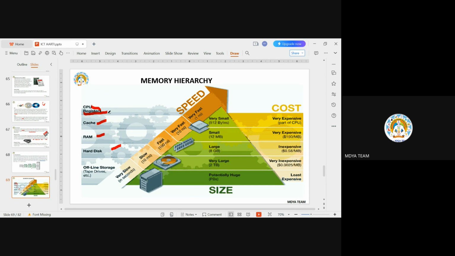For example, I am presenting this PPT, and this PPT has some address, so registers are only for finding and storing that address. Then cache memory is also for small information.